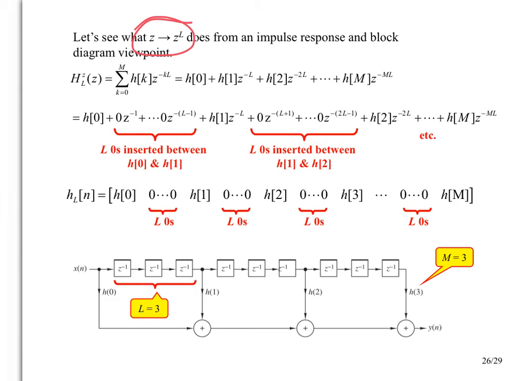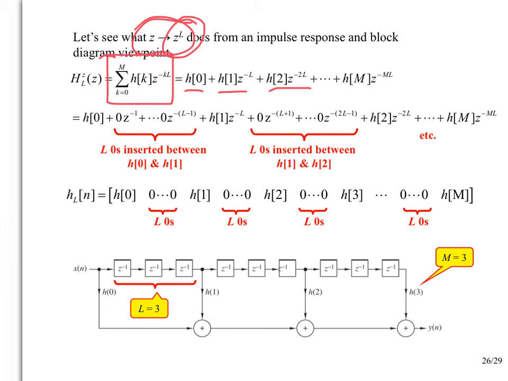So suppose we have some original h of k, and since we're replacing z by z to the L, we can write the z transform of that like that. And so that is just h of 0, h of 1 times z to the minus L, h of 2 times z to the minus 2L. Now look at what we have here.